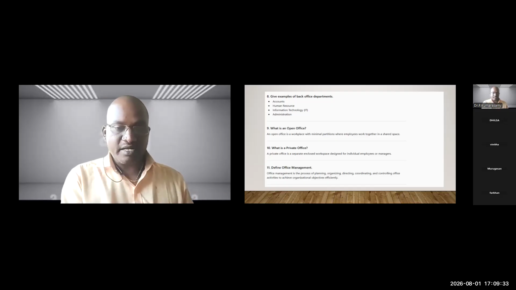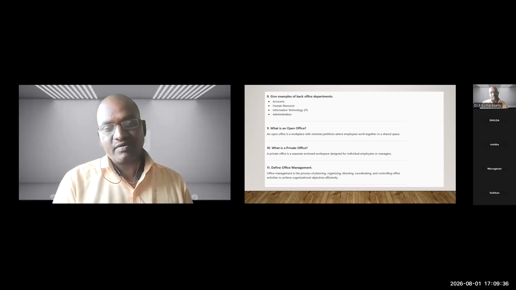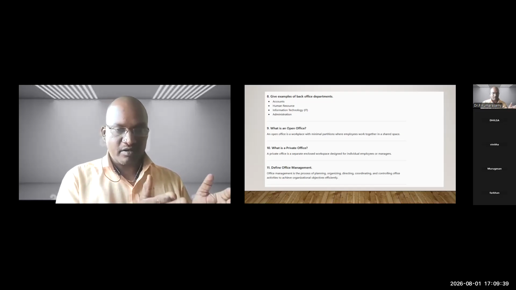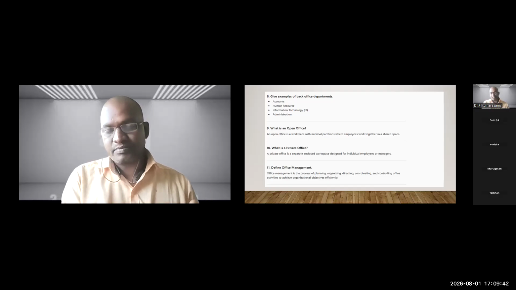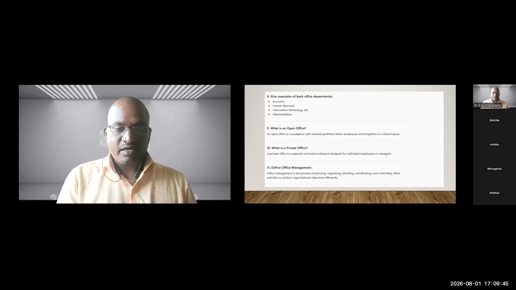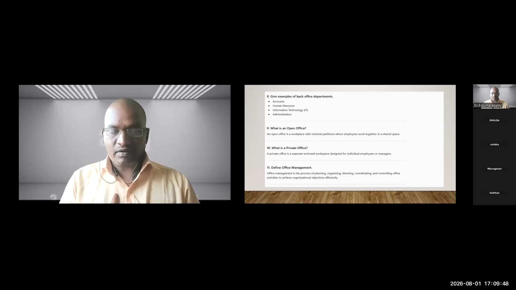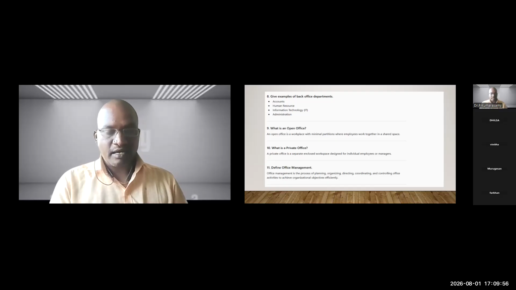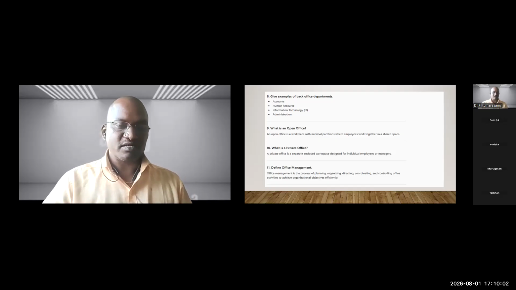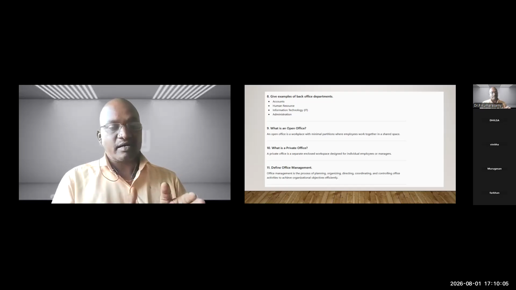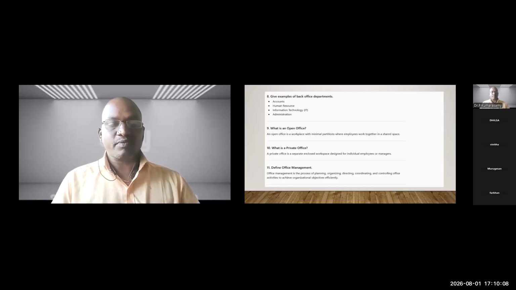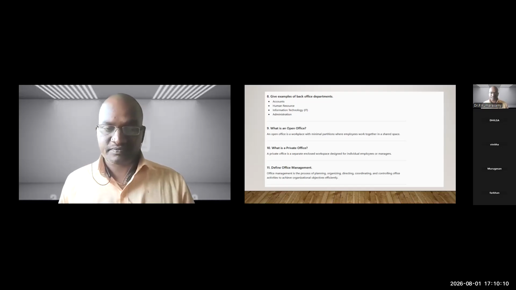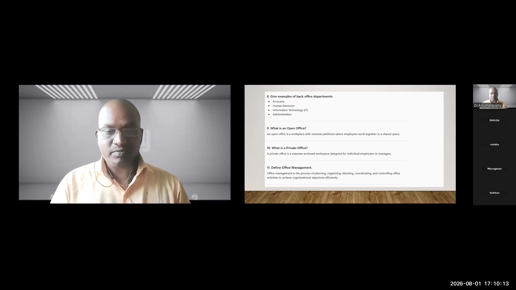If there is a separate building or separate room, that is a private office, with a separate room, separate door, separate lock, and separate furniture. If the arrangement of all the departments is in one largest room, that is an open office. If the organization provides separate rooms, separate buildings, or different places for each department, that is called a private office.